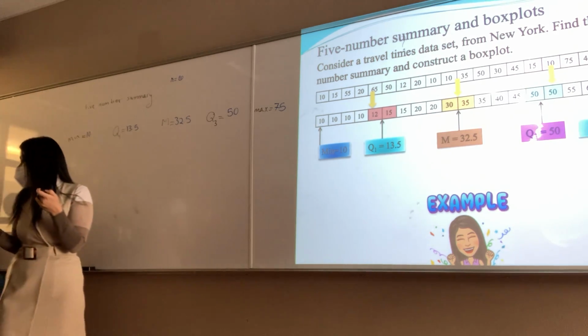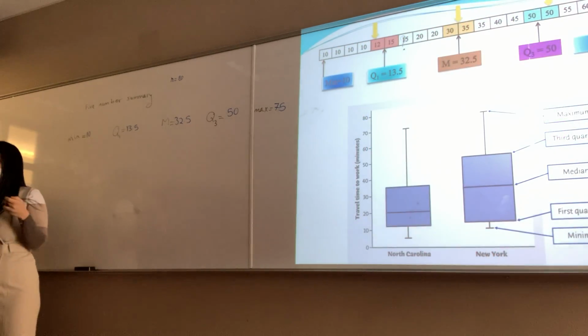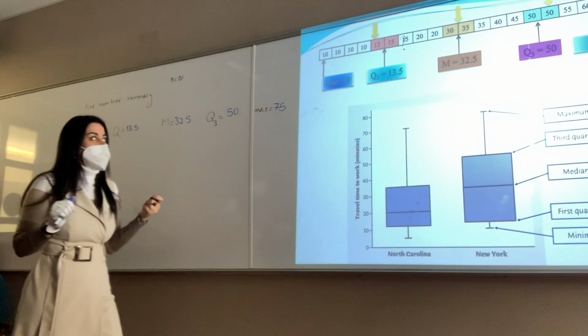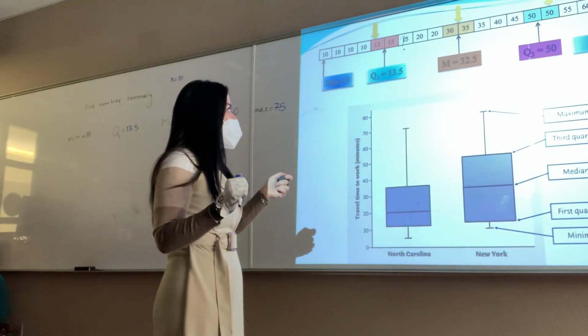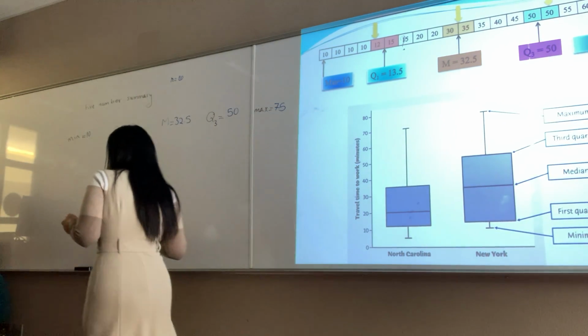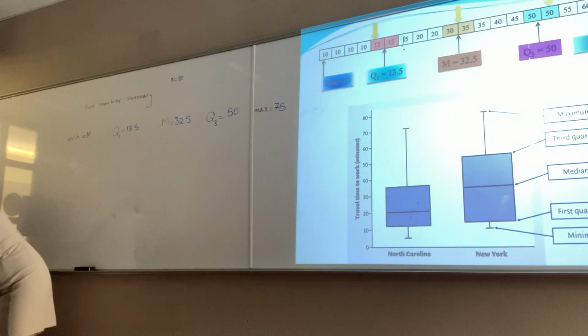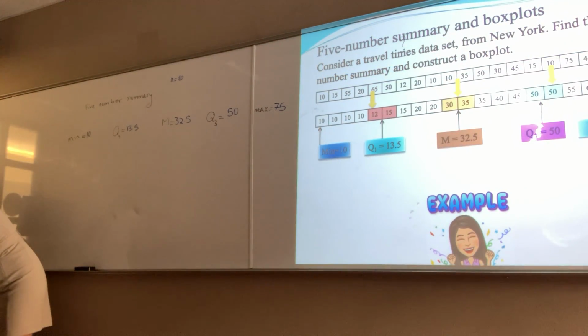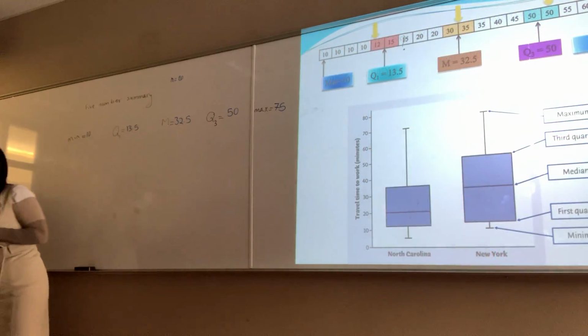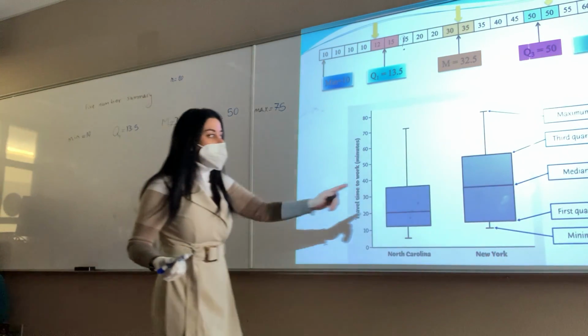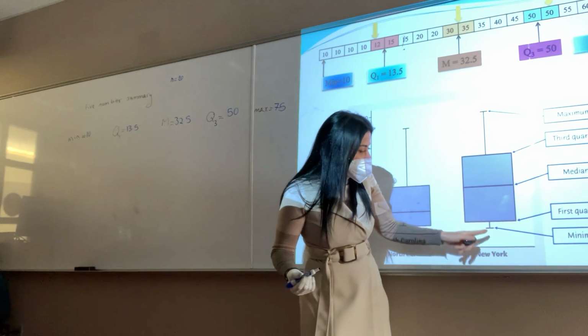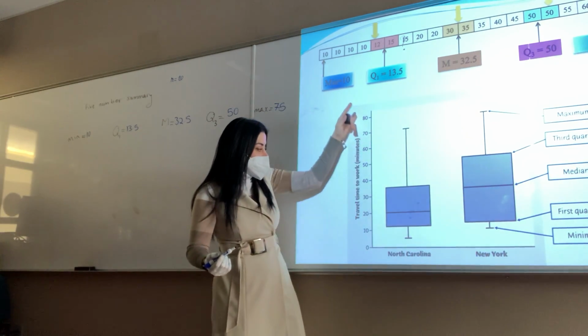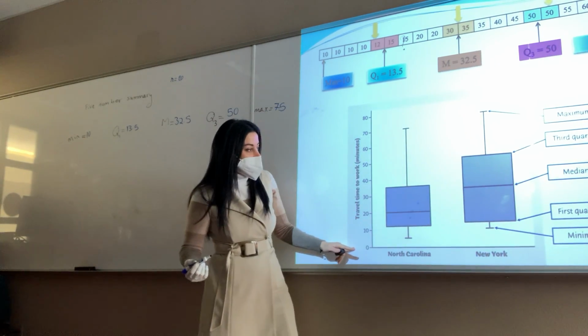So here is the box plot for the commuting time, the travel time data set from New York. The x-axis shows the travel time.